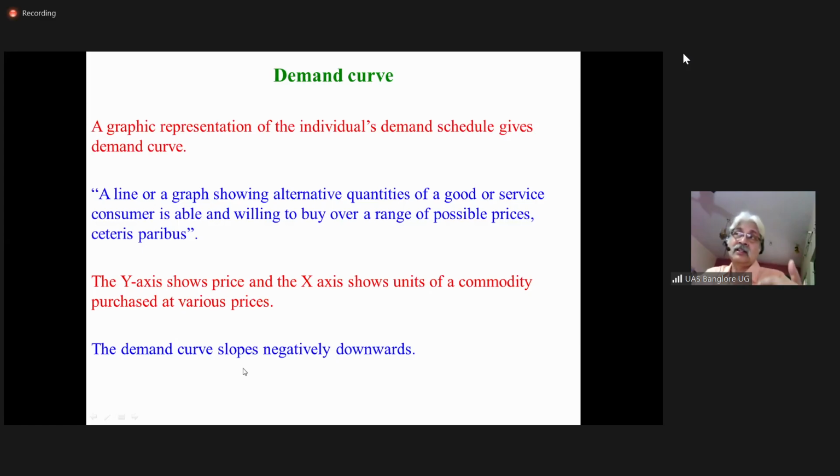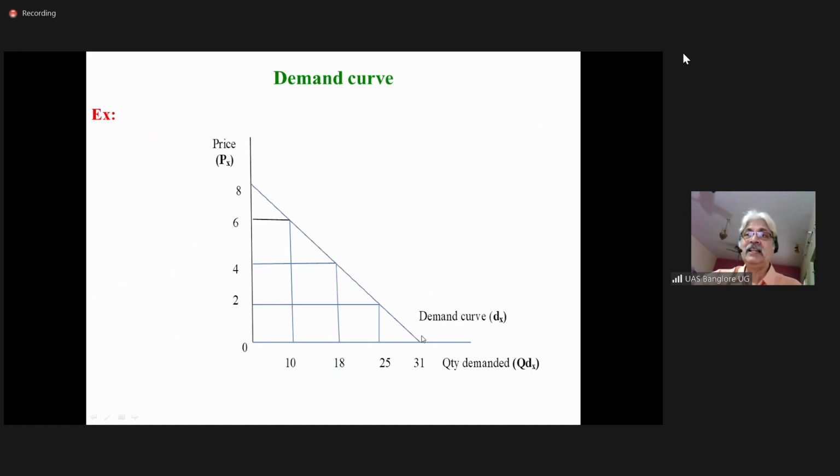That was the marginal utility curve or the MU curve. Similarly, as the price of a commodity increases, the quantity demanded of that commodity goes on decreasing. So there is an inverse relationship between the price and the quantity. That's why the demand curve is negatively sloping.